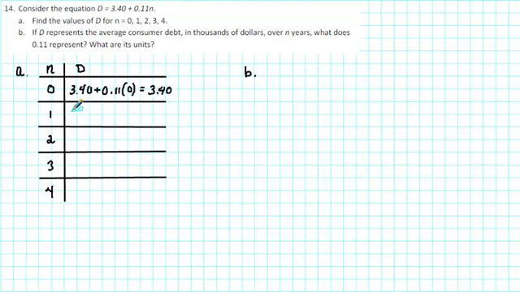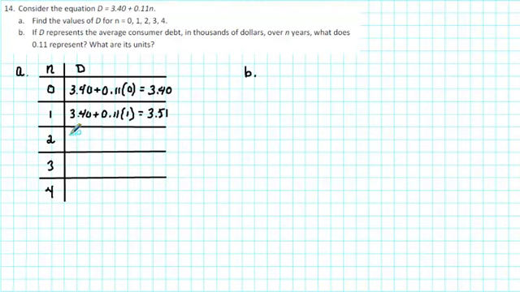When n is 1, we substitute 1 for n and we get 3.40 plus 0.11 times 1. 3.40 plus 0.11 is 3.51.